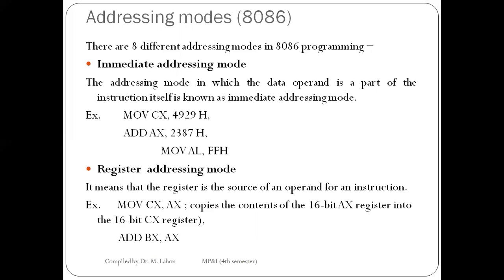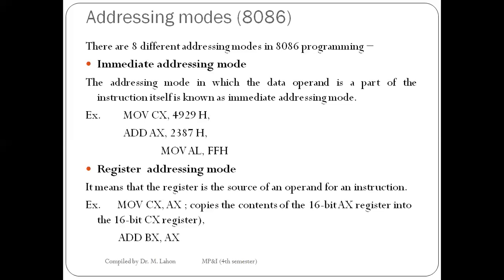The next one is the register addressing mode. What happens in this mode is that the operand, or the data, is kept in one of the registers. You can see here MOV BX, CX and MOV AX, BX.